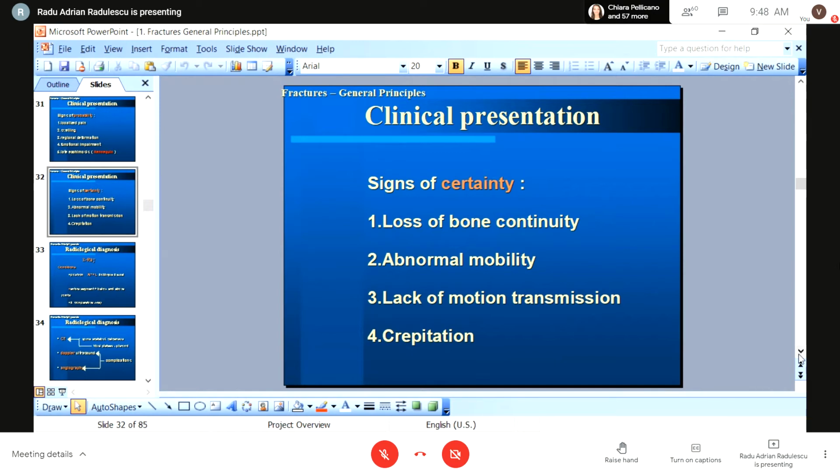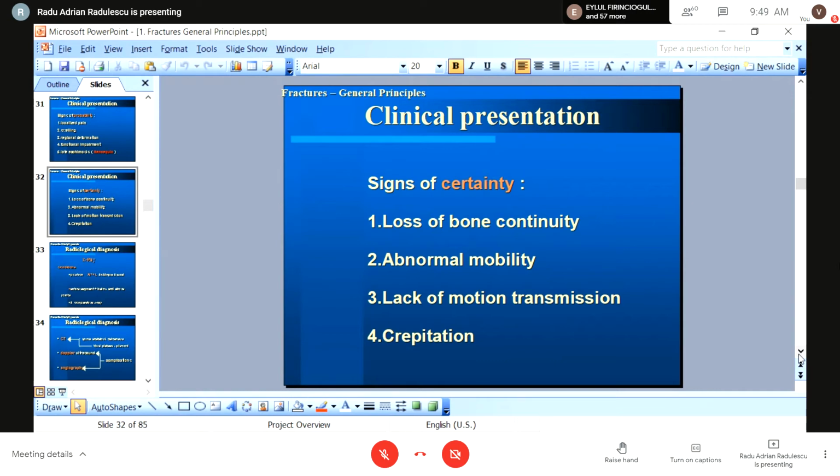Also, we may get abnormal mobility. If we refer to the leg, because we like to refer to the leg since it's very accessible to examination, if we grab with one hand the proximal extremity of the leg and with the other hand the distal extremity of the leg, and we try to mobilize these two fragments, we'll see that in a fracture that will be possible.